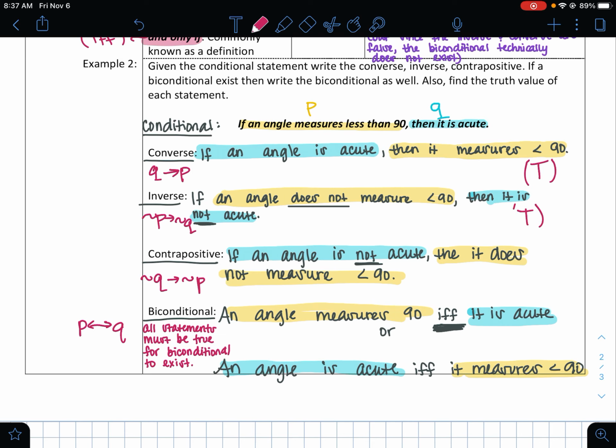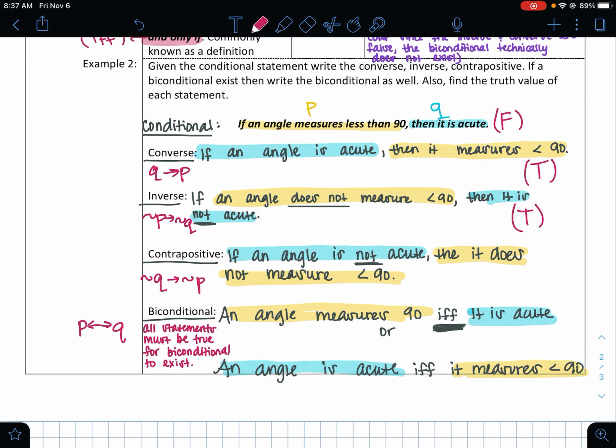Let's do the conditional. Let's go back up to the top. If an angle measures less than 90 degrees, then it is acute. That is false, because if an angle measures 0 degrees, it is not acute. So that is false. That's your counterexample.